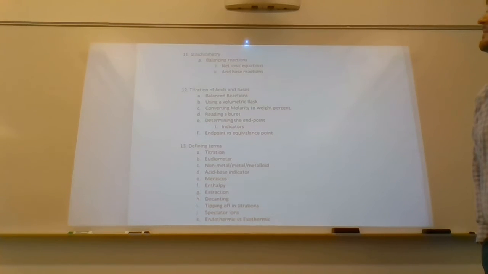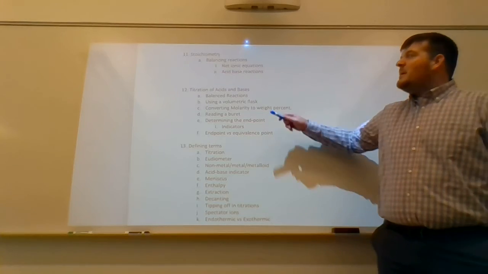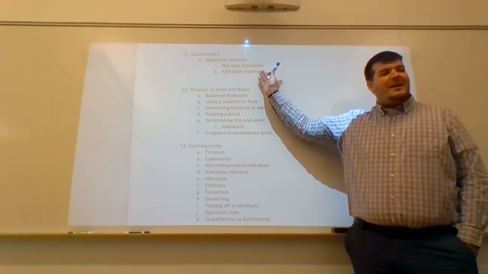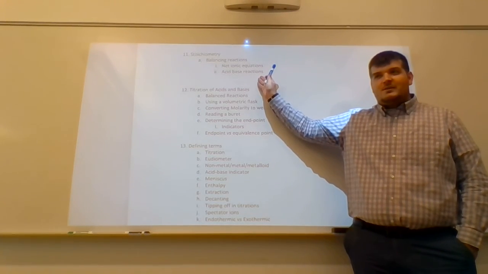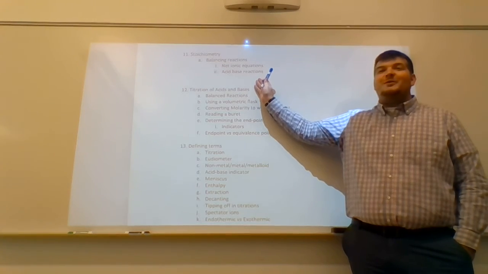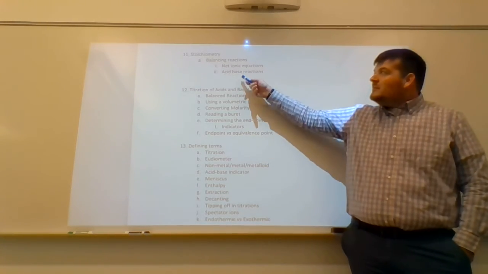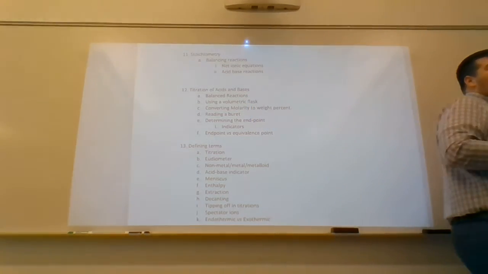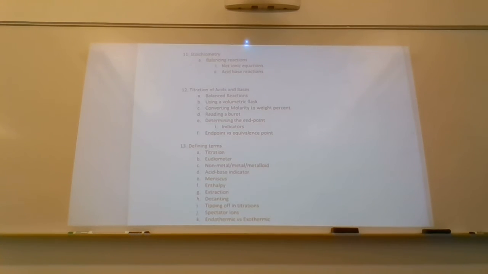Stoichiometry, balancing chemical reactions, net ionic equations, and acid-base reactions. What is the biggest take-home message? Because a lot of you, when we were doing this lab, it was very confusing for you, right? What did I recommend that you make? A what table? ICF table, remember that?